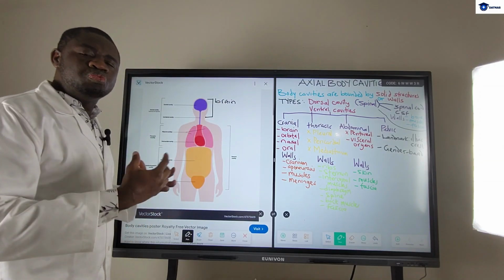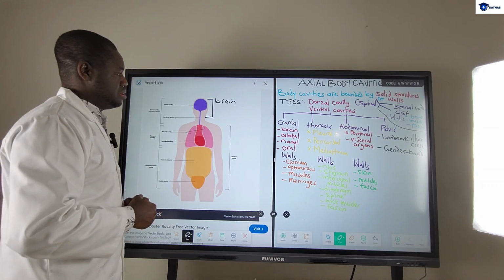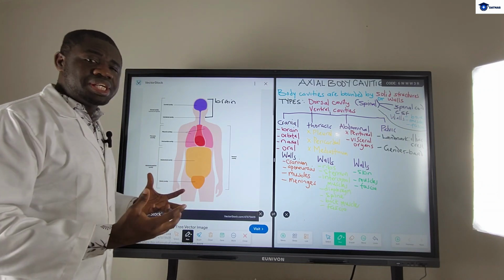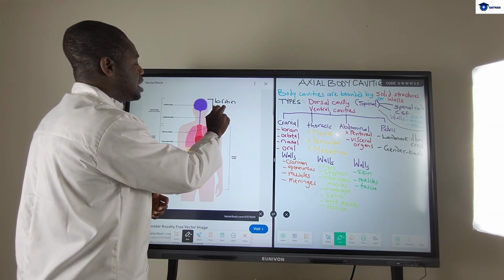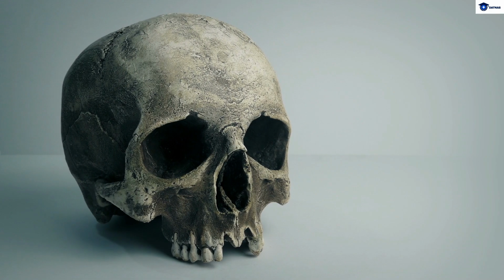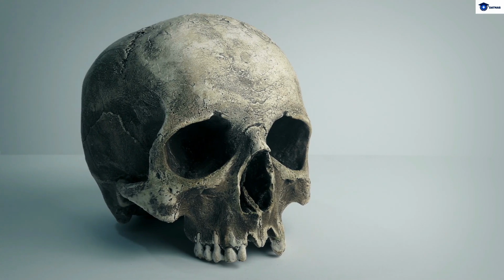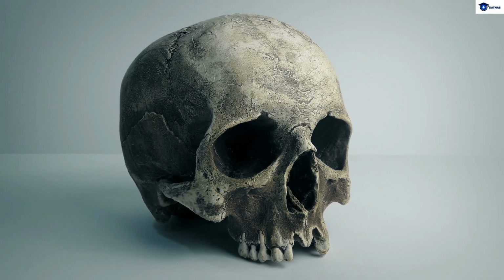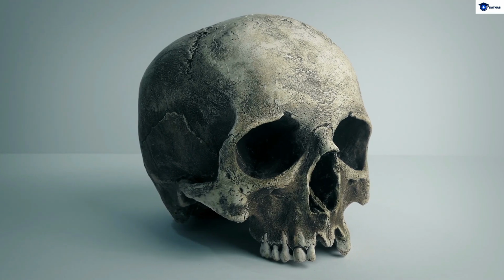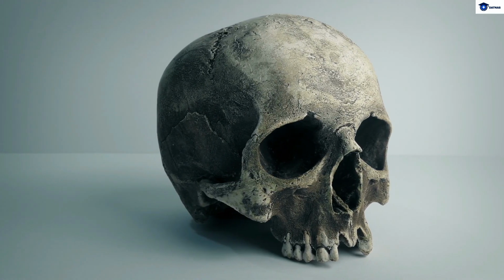and smaller cavities. These smaller cavities are the orbital cavity, which houses the structures of the eyes. We also have the nasal cavity.